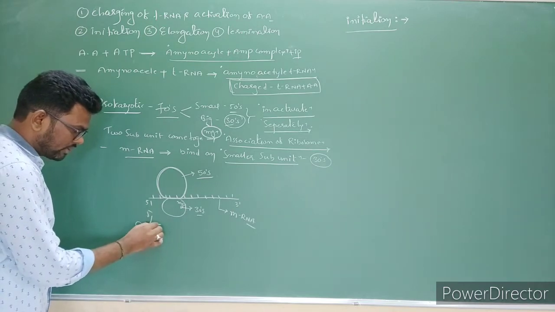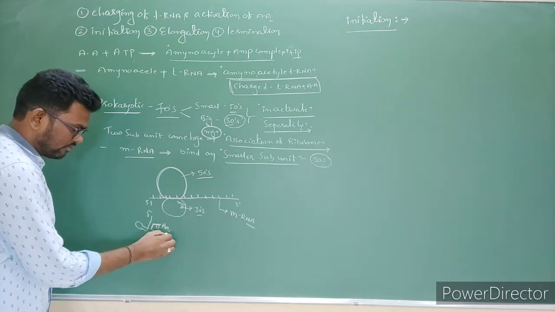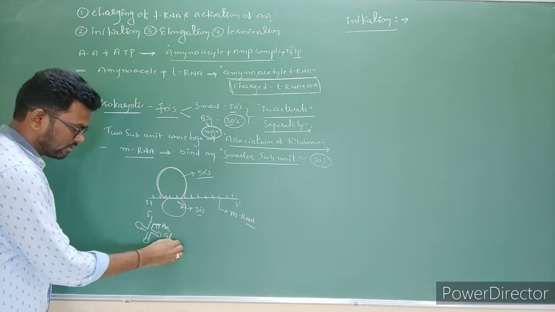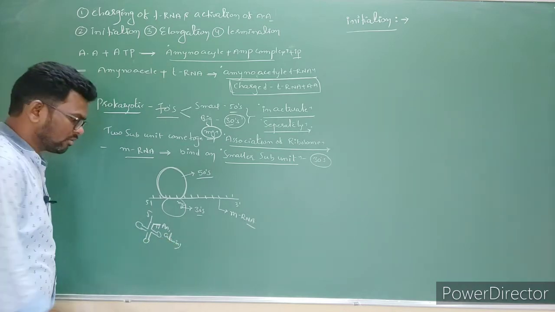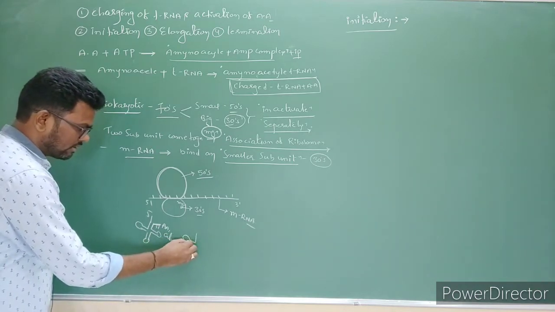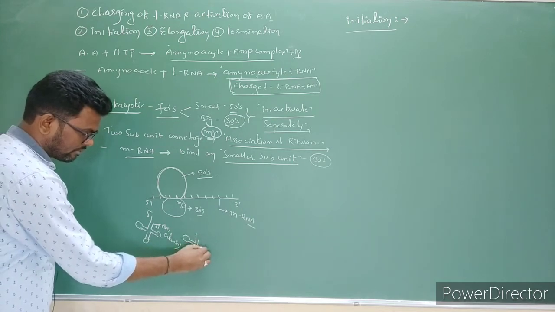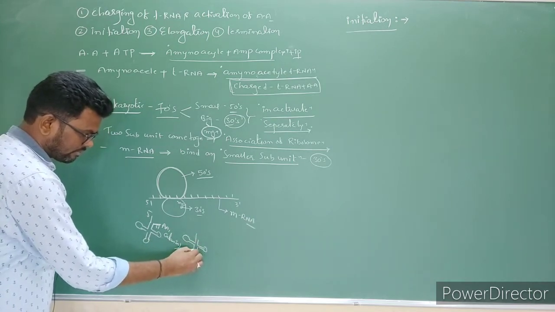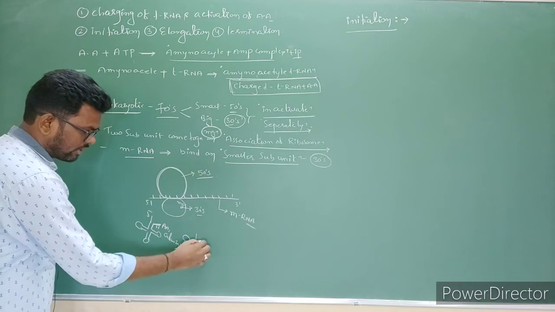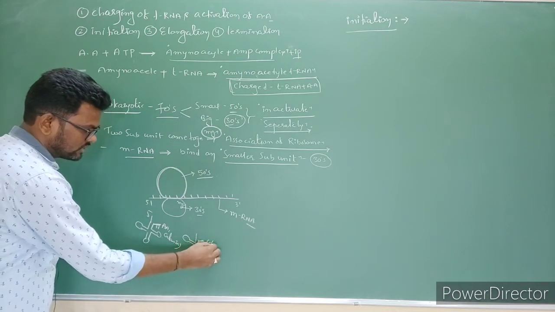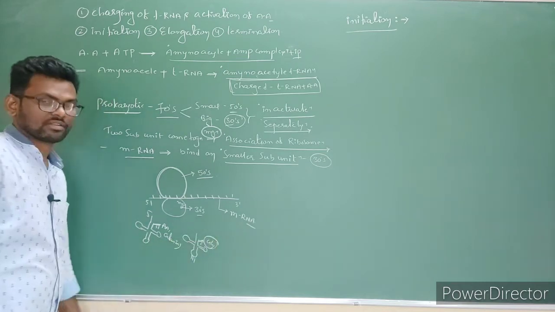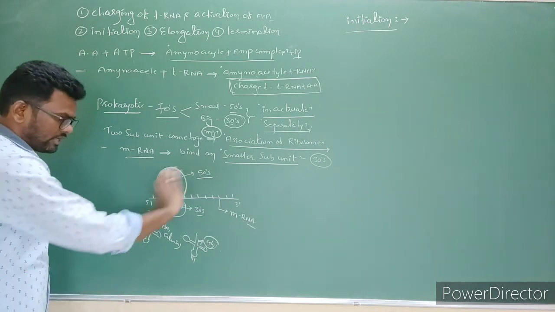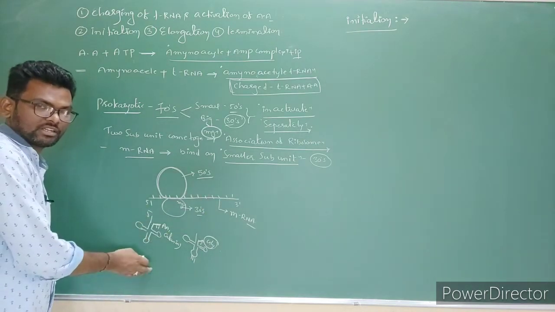Here it already contains amino acid 1, for example alanine. Or maybe, for example, one more amino acid is there. Here is the anticodon, here is 3 prime, and here the glycine amino acid is there. So freely charged amino acids are present in the cytoplasm.